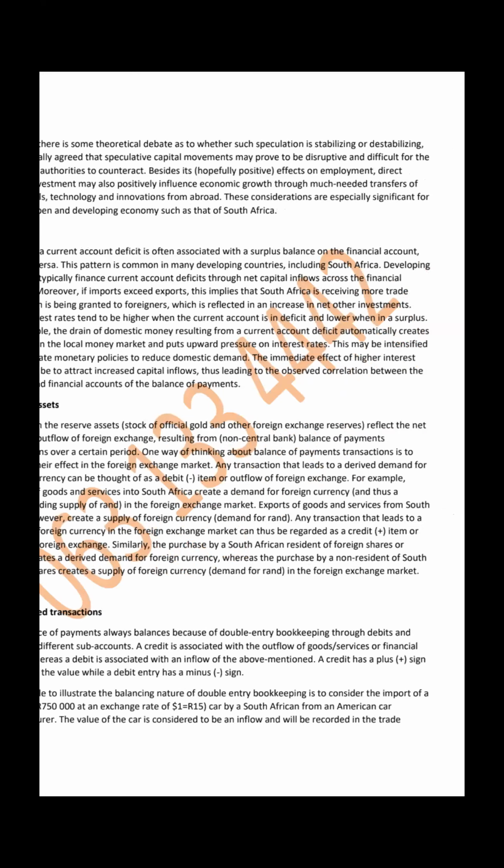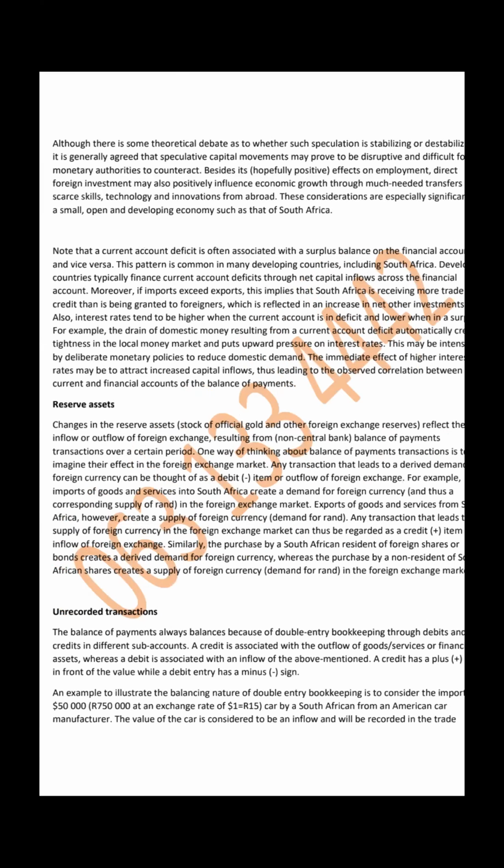Because we are dealing with huge accounts, so we are likely to make a mistake there. So when that doesn't balance, in order for that to balance, we put an entry on the unrecorded transactions there. So we are assuming that there has been an exchange, maybe that we have skipped. Maybe there are certain figures that we have misstated in these statements. But because it has to balance, then we put that as unrecorded transactions there.